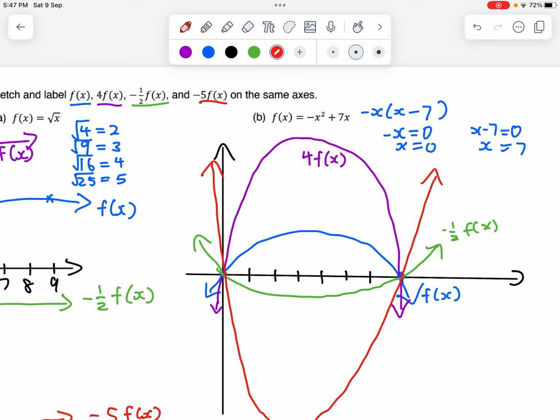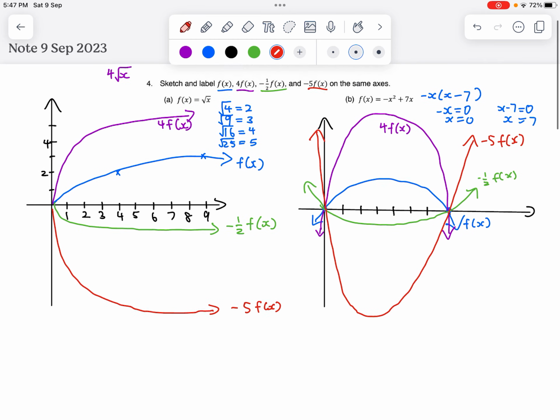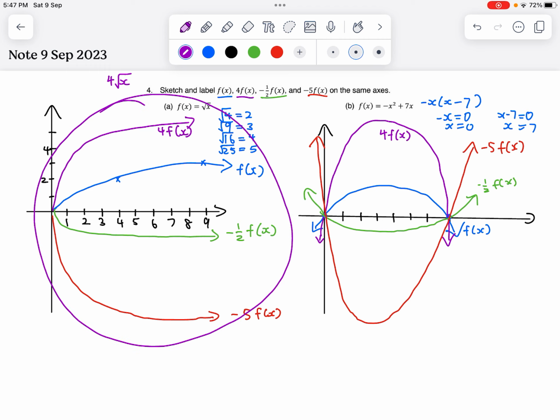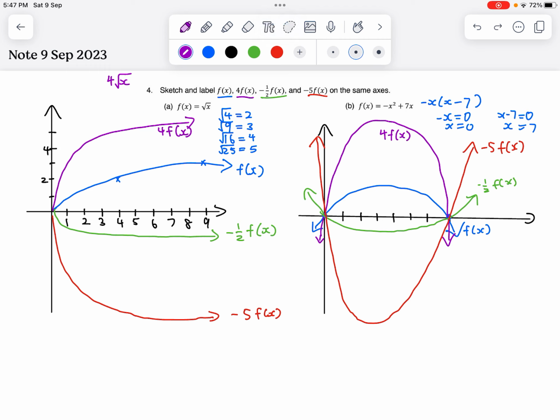And then the red is -5 f of x. So there you have it. This is how I graph and label the different versions of an original function. So this video mainly focuses on the vertical stretch and vertical compression.